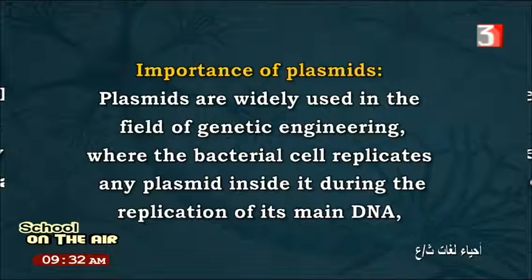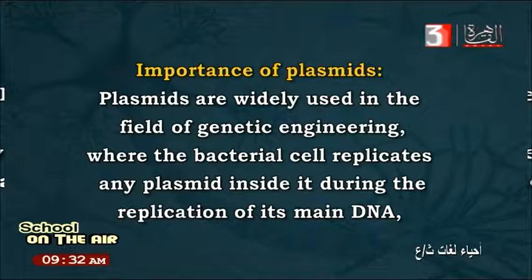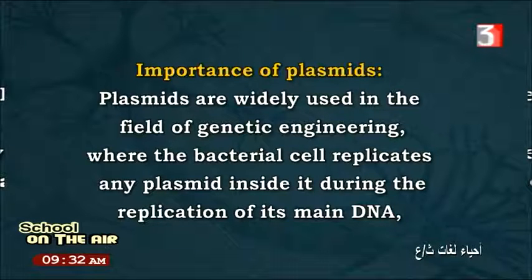This means if you talk about genetic engineering or genes, you must describe the DNA, and the plasmid is the simplest form of DNA structure, where the bacterial cell replicates any plasmid inside it during replication of its main DNA. Okay, now we describe what the plasmid is again. It is the genetic engineering or the DNA structure.